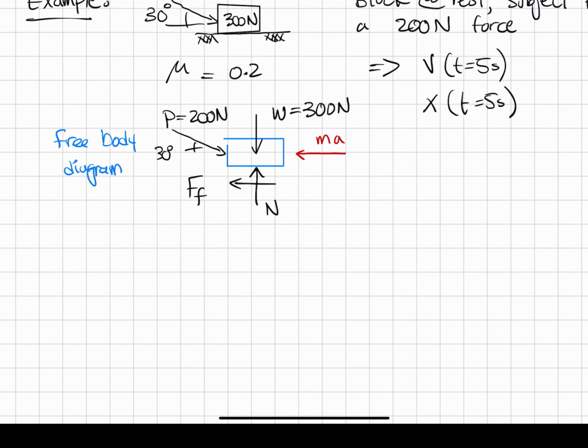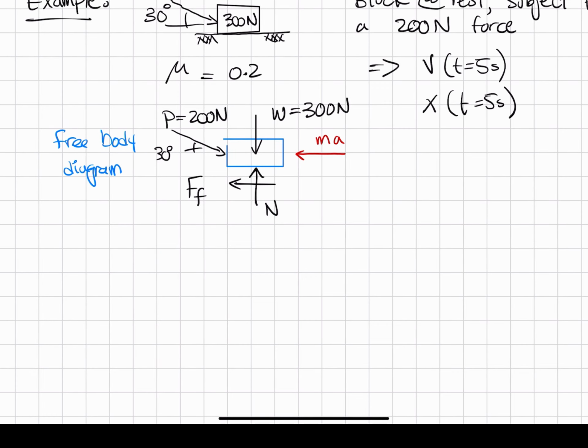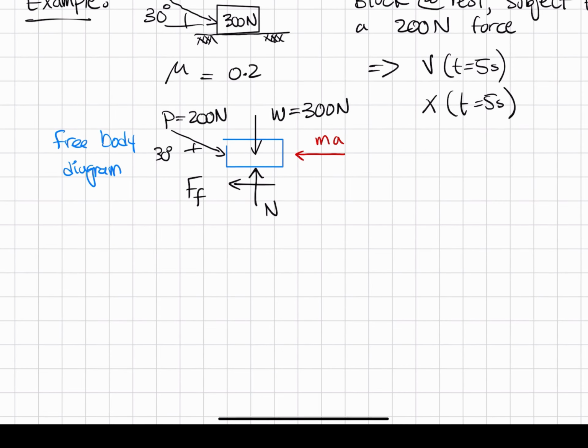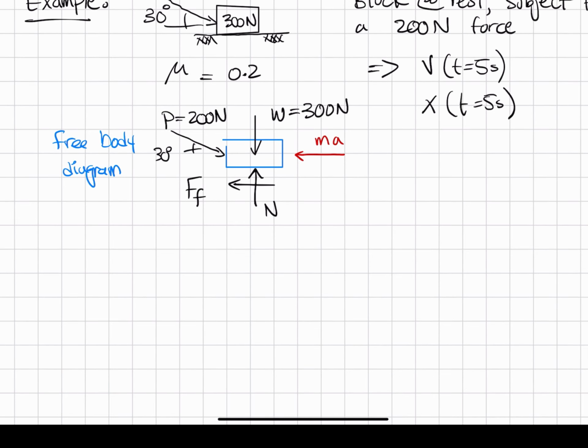So my mass is getting pushed to the right. It wants to stay where it was. So the mass times acceleration is facing the left direction. So that's also important to note. Okay, so in general, always keep this in mind.